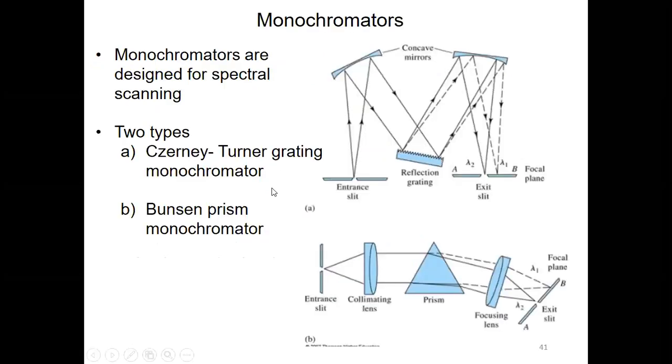Again, let's go back to the monochromator. It has an entrance slit, and this concave mirror we call a collimating mirror or collimating optic. It makes the beam into a parallel beam. Then the grating reflects the radiation. And then there's another concave mirror.